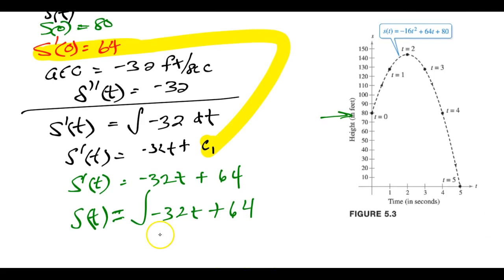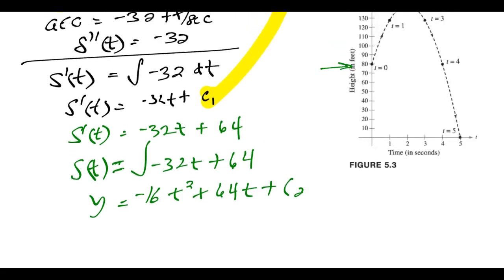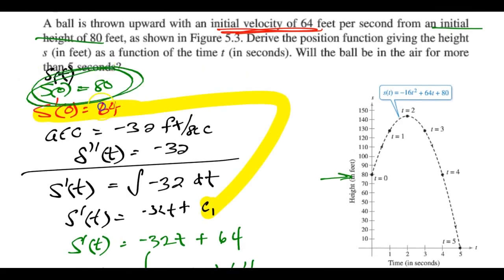And the integral of this is t squared, divided by 2, times 32, and get the negative 16, plus 64t plus some other constant. We'll call it c sub 2. You can just keep calling it c if you want, but that's the function. And then we're going to use this s sub 0 at time 0. We have 80.